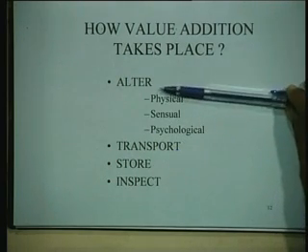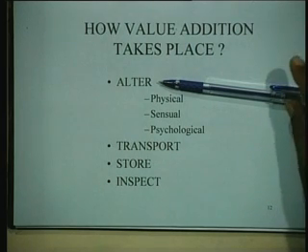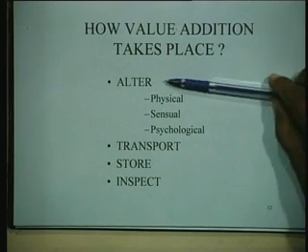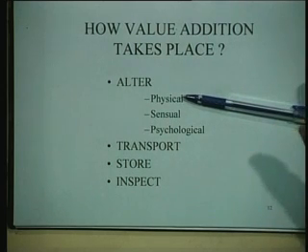The first thing that is going on is you are altering something. What is it that you are altering? You are altering the physical product. So, all machining operations, all welding operations, everything that you do in manufacturing, for instance, is basically concerned with altering the shape of a particular product.